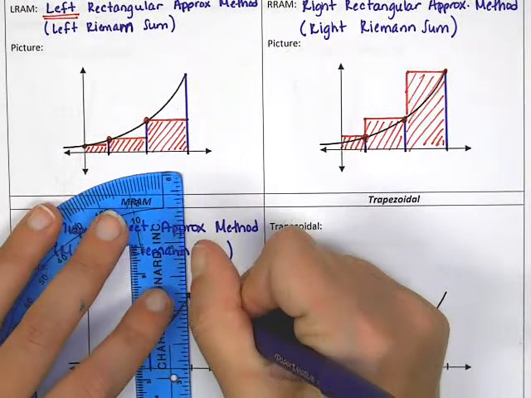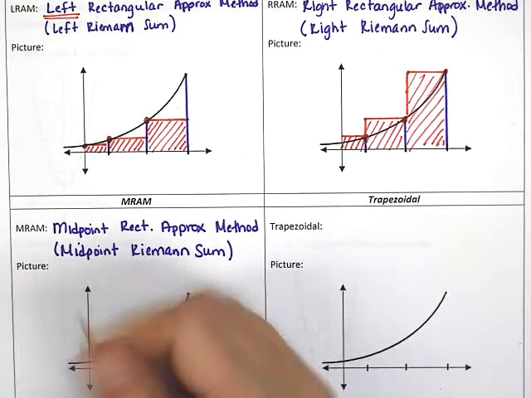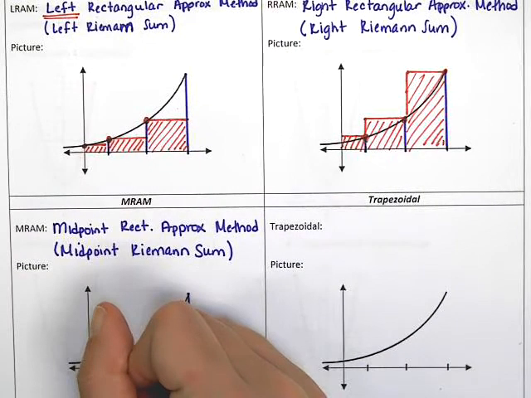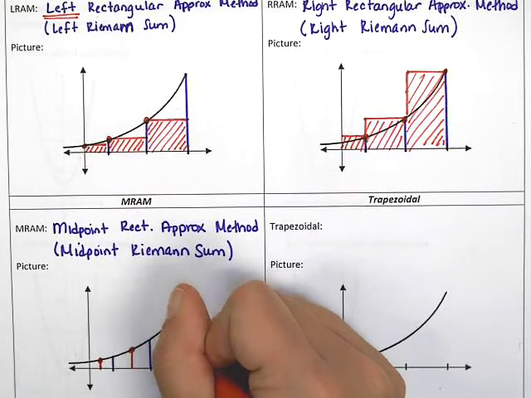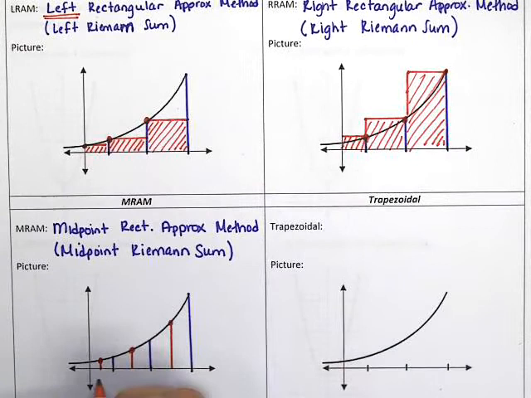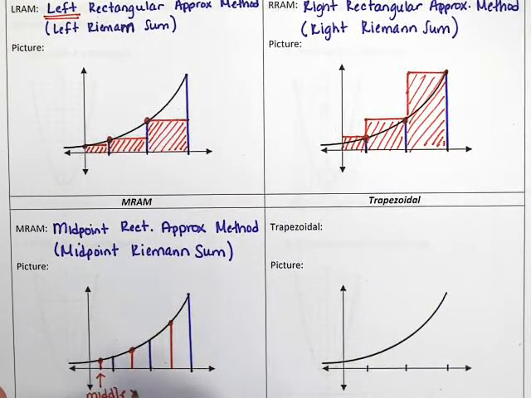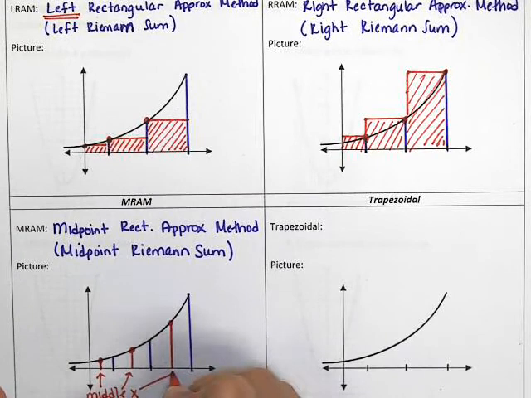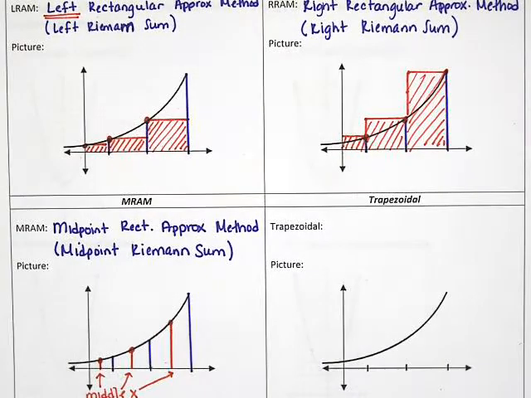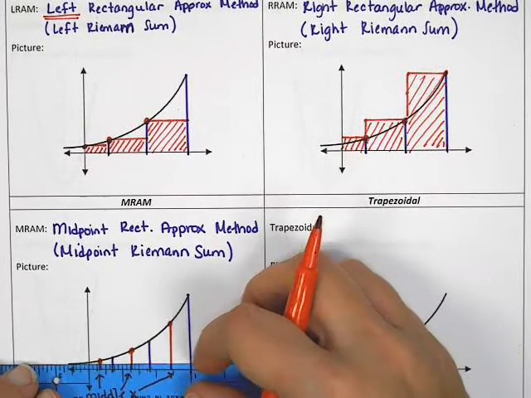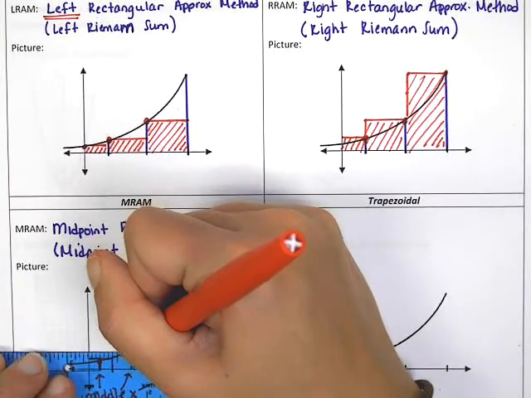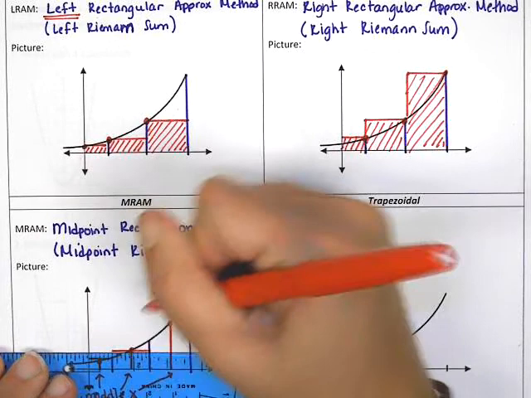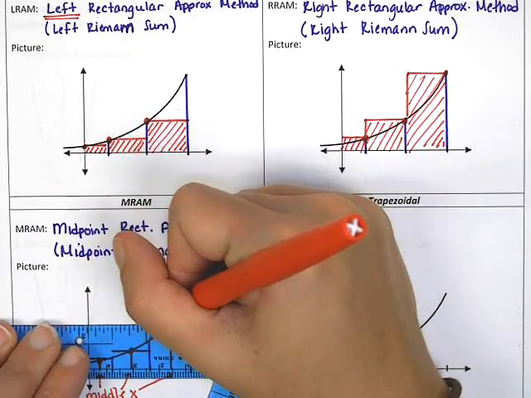We find the middle of each section and we use that y value to make the height. So this is the middle x, and we use that middle x's y value to make our height. So our height would look like this, and then our height would look like this, and then our height would look like this for each of our rectangles.